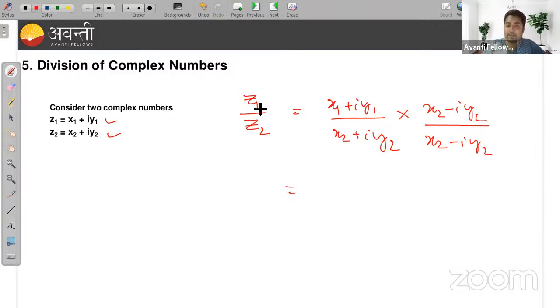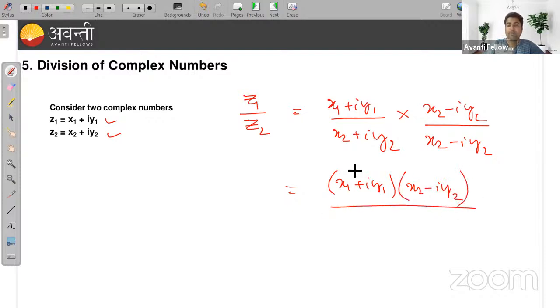When you divide z1 by z2, you get the numerator (x1 plus iy1) into (x2 minus iy2) upon x2 square minus, since (a plus b) into (a minus b) is a square minus b square. That is x2 square minus i square, which gives you -1, so minus becomes plus, into y2 square. Okay, so this is the rule for division, or this is how we can divide one complex number by another complex number.